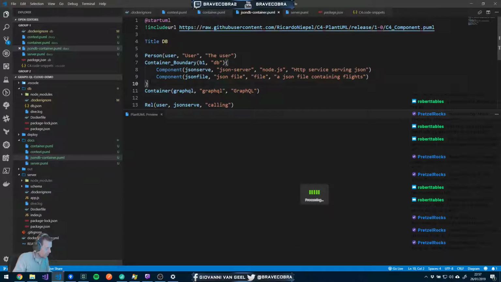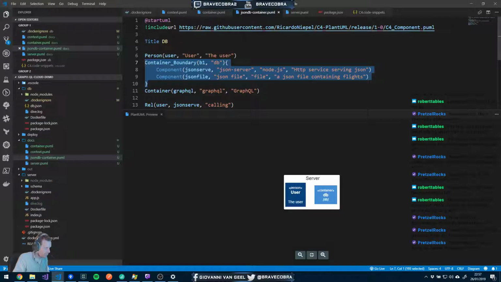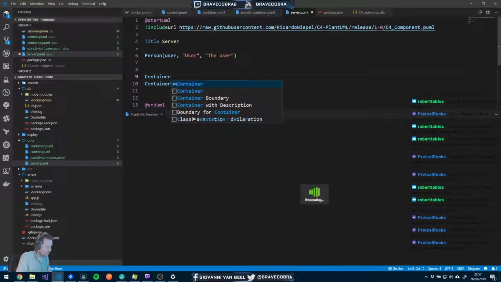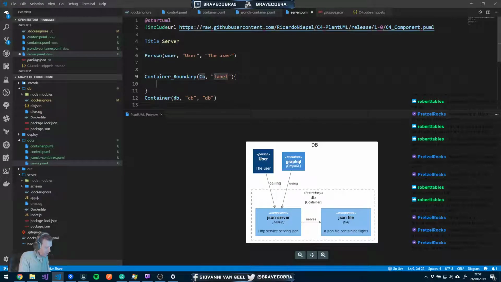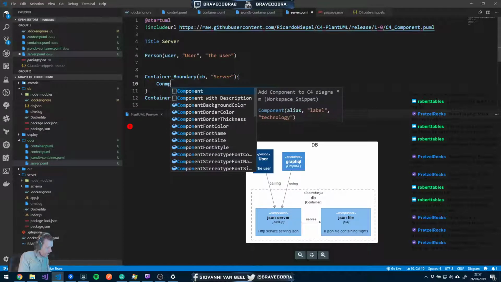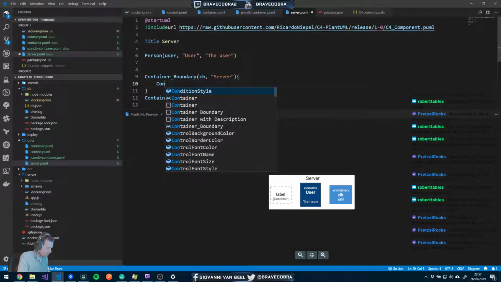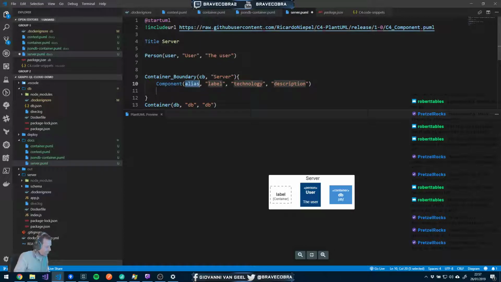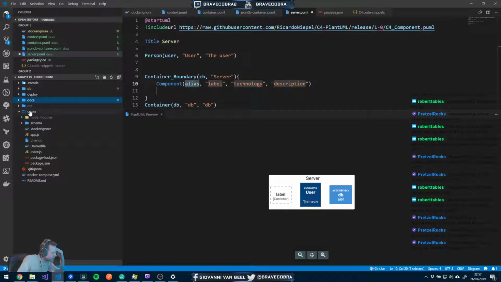And we're going to have a container boundary. And in that one, and I should be looking, it's going to be the server, there we have the components. And now let's have a look at what this one looks like.